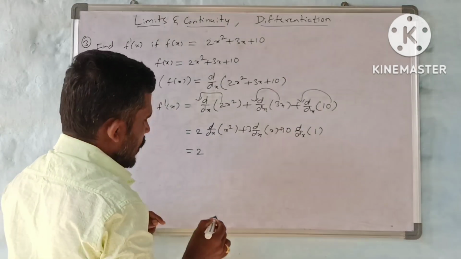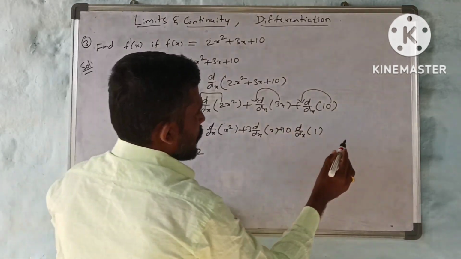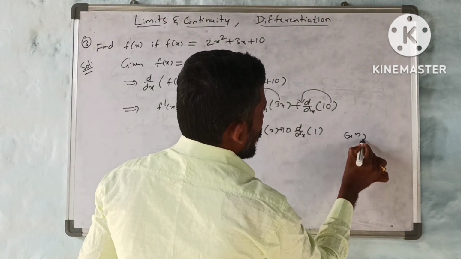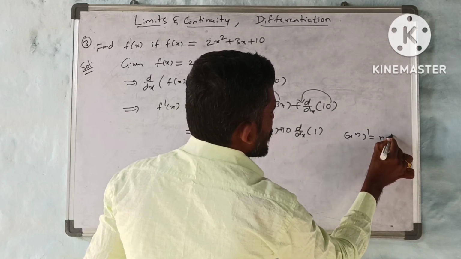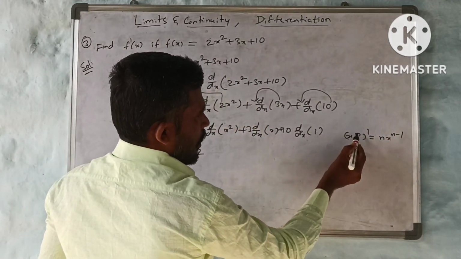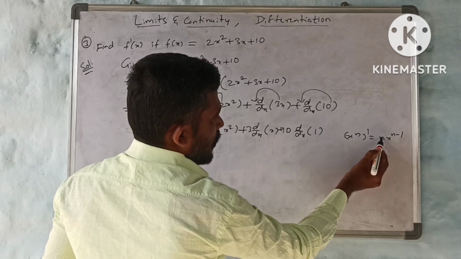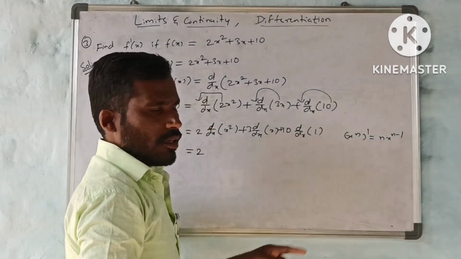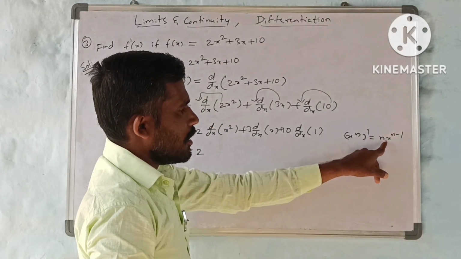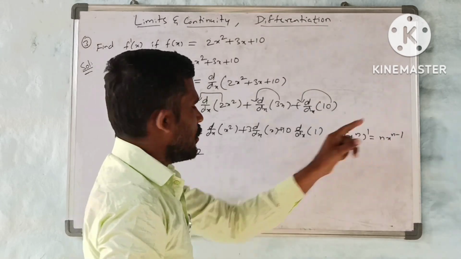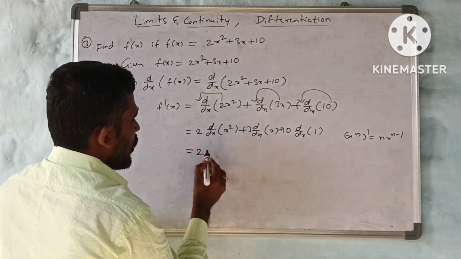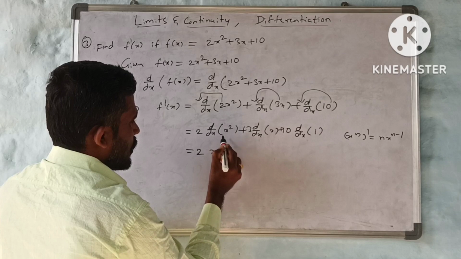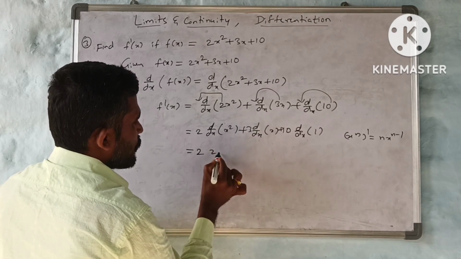So 2, next to x square. The principle is the derivative of x power n is n x power n minus 1. n comes as the coefficient, and the power decreases by one. So in this one we have 2, so 2 we will get as a coefficient. So 2 minus 1 is 1 only.